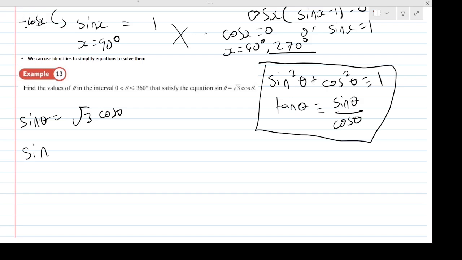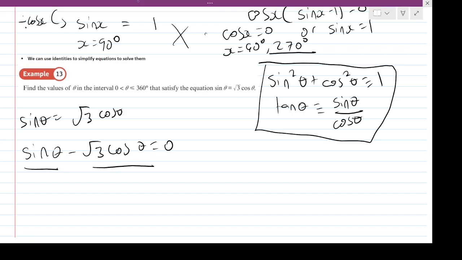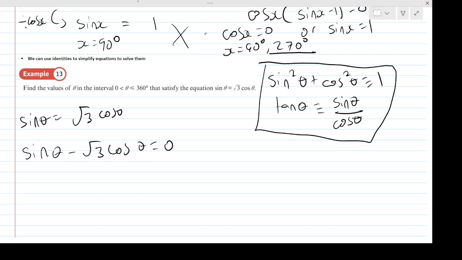If we move that root 3 cos theta to the other side of the equation and set it equal to 0, I can't factorise anything out. The sine theta term and the root 3 cos theta term have nothing common between them, so I can't factorise anything, so I am allowed to divide to make it simpler in this case.